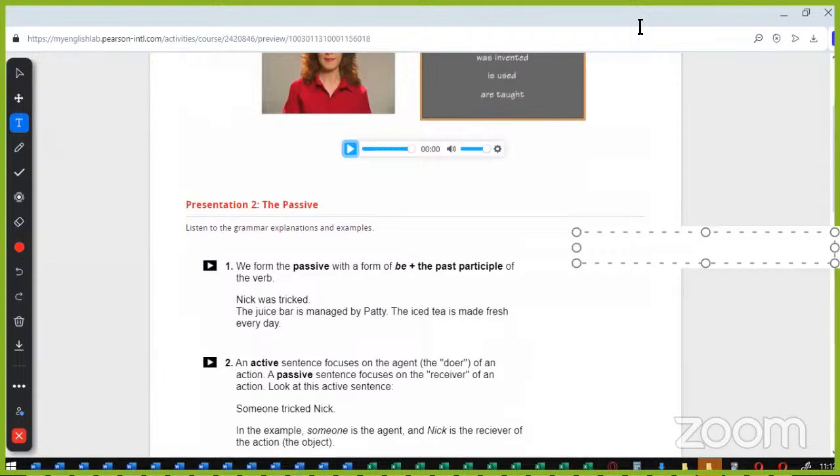Could be anything, like with any verb. The classes are taught by the same professor, by the same teacher.